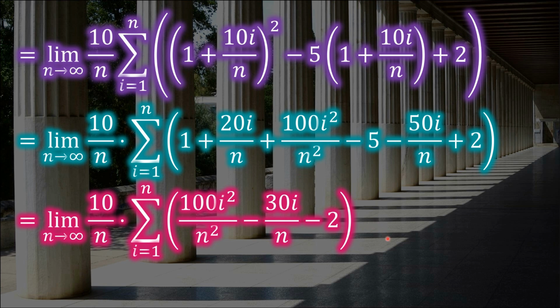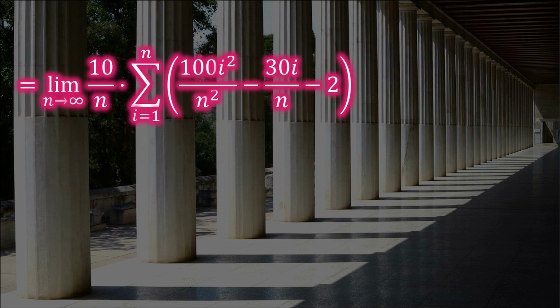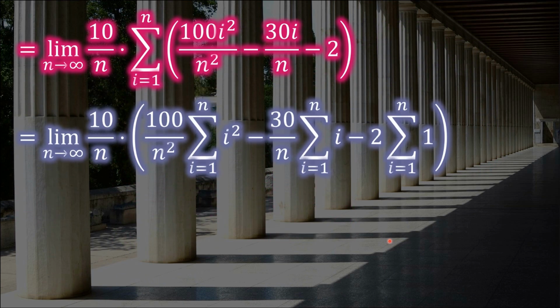Now I can break that up into all of these different summations and pull out the constants, right? When I break it up into these 3 separate pieces, from this one I'll have this constant of 100 over n squared that I can pull out. From this one I'll have this constant of 30 over n that I'll get to pull out.